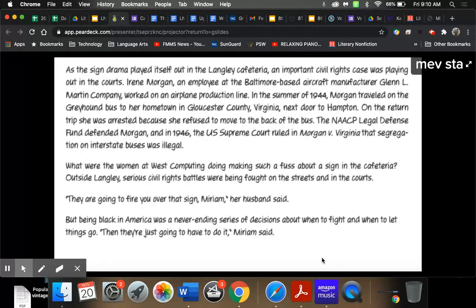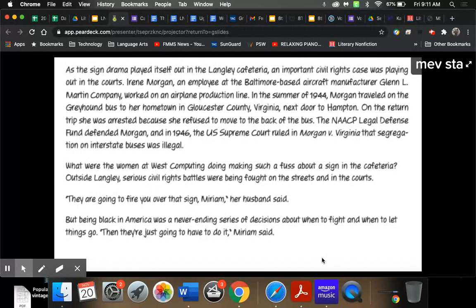In the summer of 1944, Morgan traveled on the Greyhound bus to her hometown in Gloucester County, Virginia, next door to Hampton. On the return trip, she was arrested because she refused to move to the back of the bus. The NAACP Legal Defense Fund defended Morgan, and in 1946, the U.S. Supreme Court ruled in Morgan v. Virginia that segregation on interstate buses was illegal.